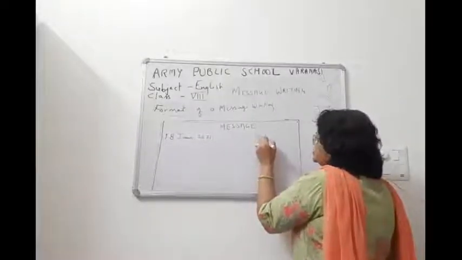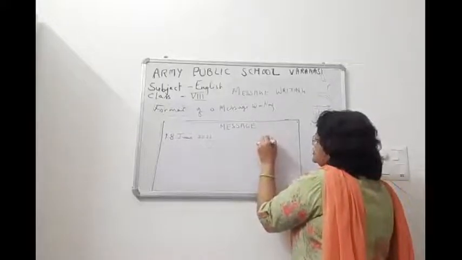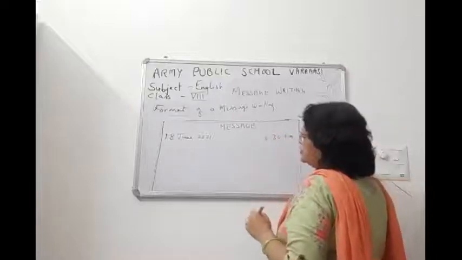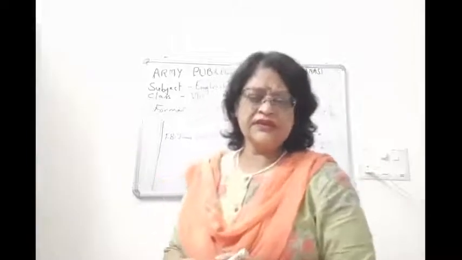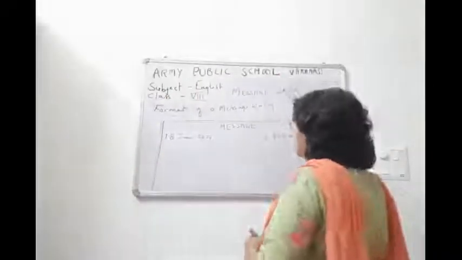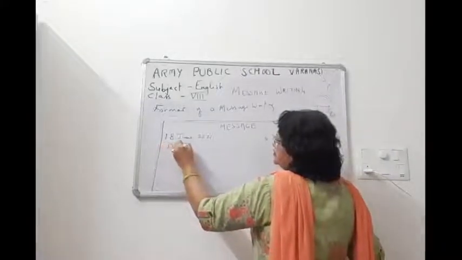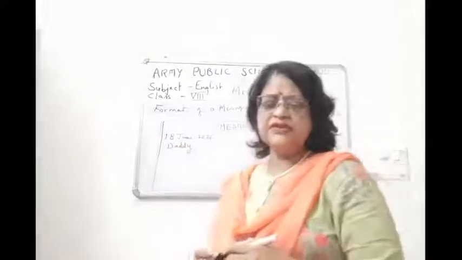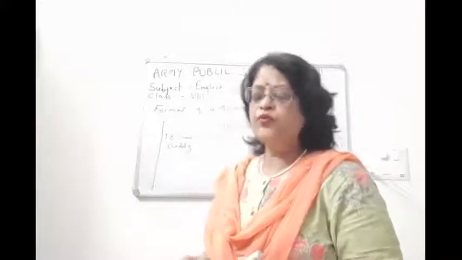Then since she has to go to school, you can write 6:30 AM. Okay, and then now you will start your message. Now salutation, it is her father, so you can write here daddy. Okay, in salutation, and then you will say Uncle Varun called from Bhopal.